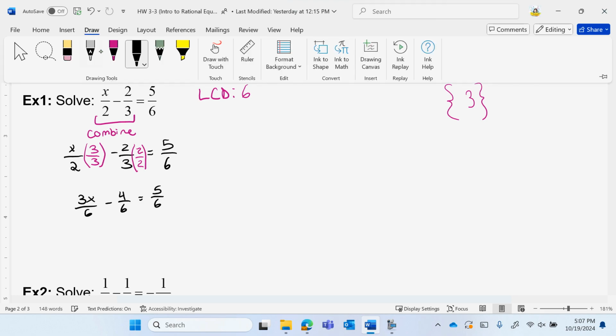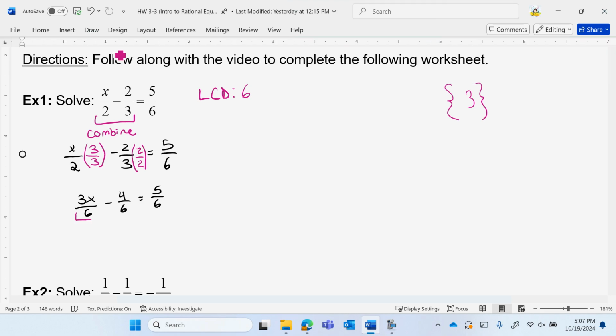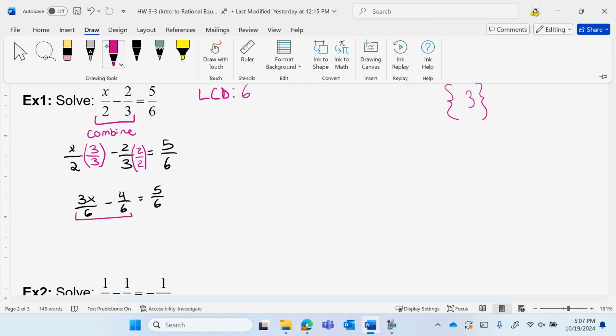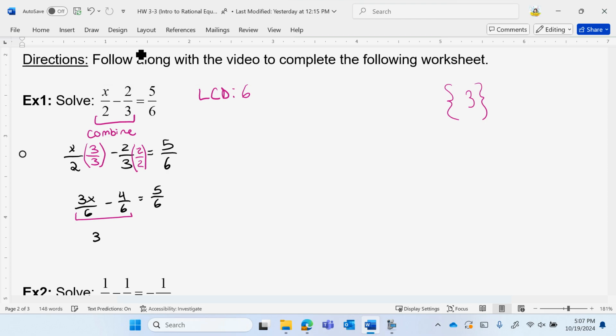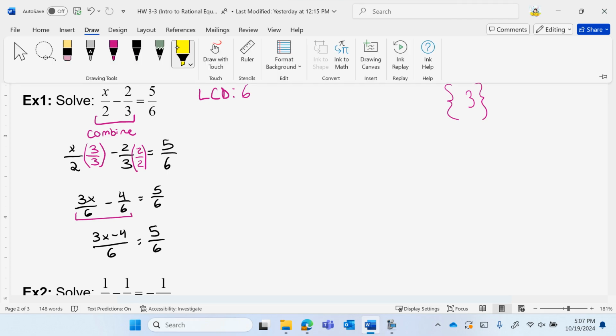And if you notice, now I can combine my two fractions, which is pretty great. Now I have 3x minus 4 over 6 equals 5 over 6. The question is, how do I get the left fraction to look like the right fraction? You might notice that the denominator is already the same.